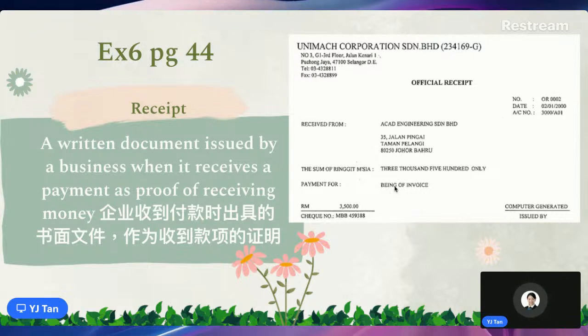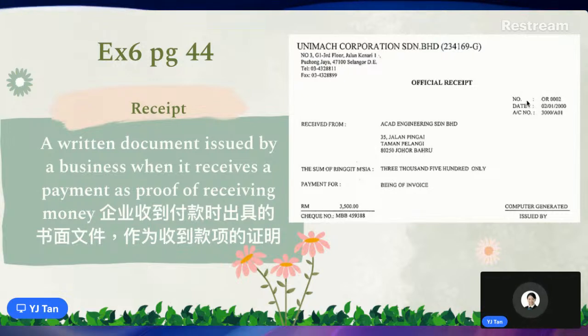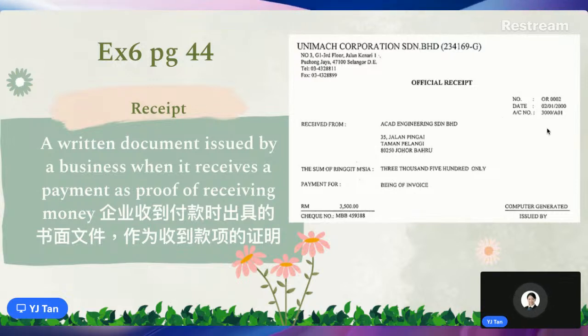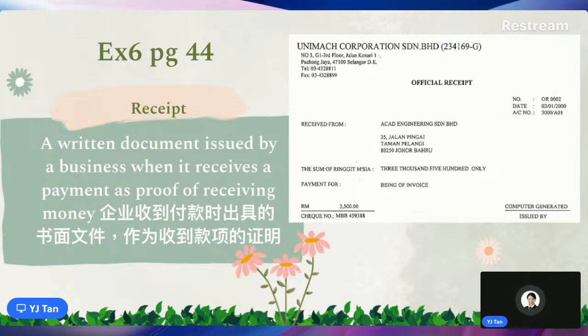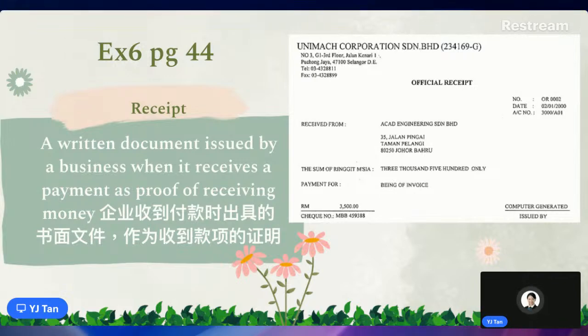Sometimes a business will even put in the invoice number it refers to. There is a receipt number at the top right, and the date, and the account, which normally refers to this particular customer's account. And normally someone signs on it sometimes, or it's computer generated.